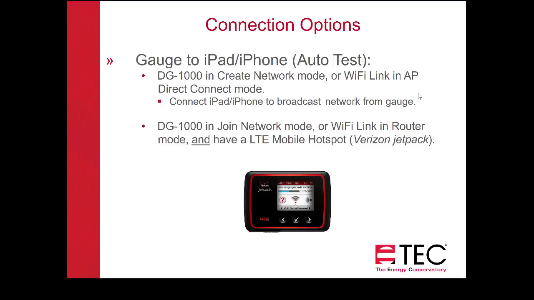You'll need to set up the DG1000 in the join network mode, or the Wi-Fi link in router mode, in order to make that connection. This allows you to connect both the gauge and the iPad to the LTE hotspot, and have one source for internet and gauge connection.